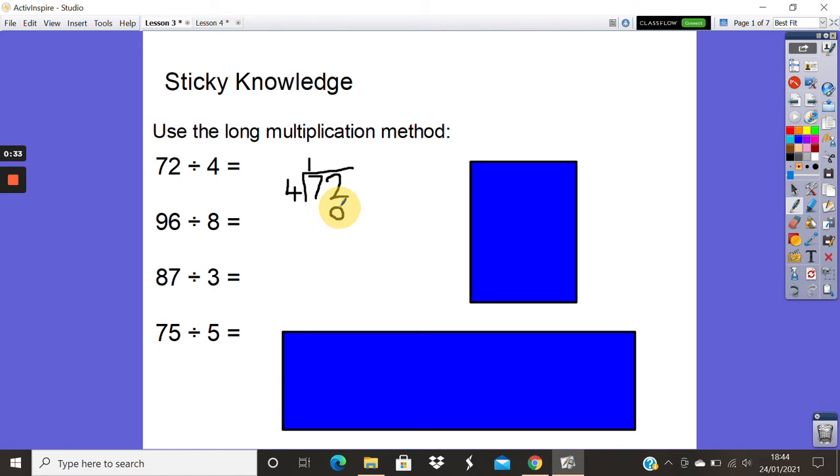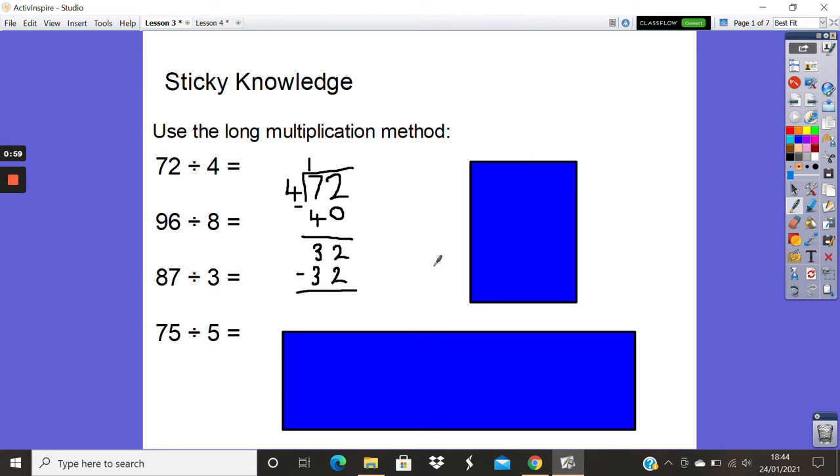A 1 in our 10s column, and then we're going to do 4 times 1, which would be 4 10s. And then we're going to take those away. So we've got 2 take away 0 is 2. 7 take away 4 is 3. Leaves us with 32, and we know 32 is in the 4 times table, so we're going to count it in 4s, see how many 4s it takes us to get to 32.